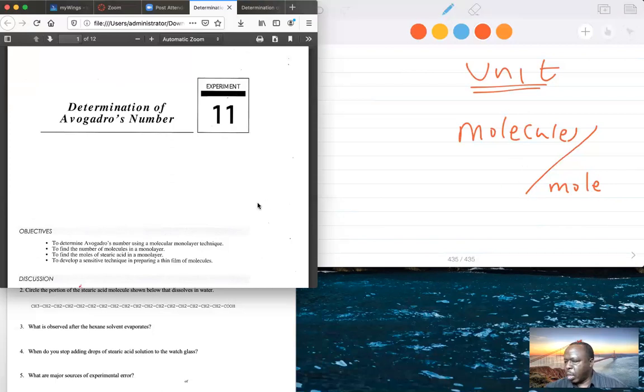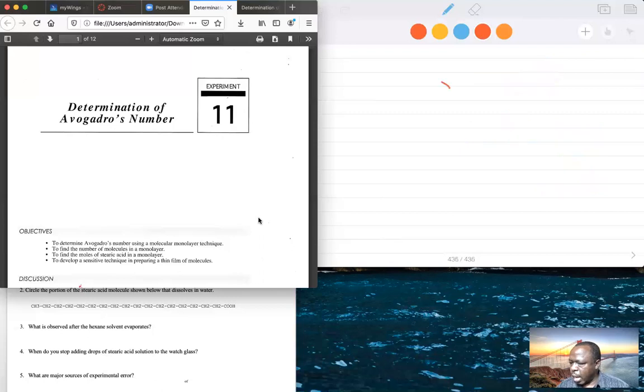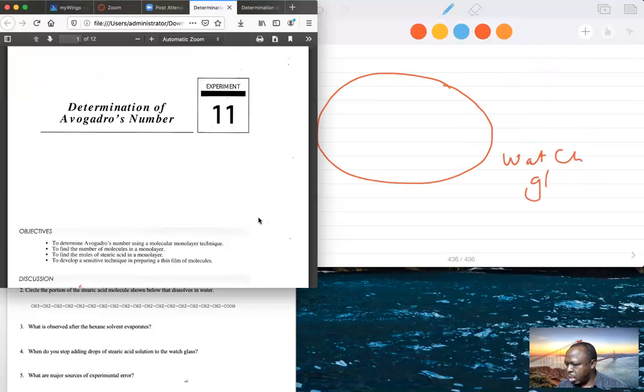Normally, we use a watch glass to determine a monolayer. A monolayer, from the word mono, means spreading out stearic acid. This is a watch glass. I'm holding a watch glass before me. Maybe some of you have seen it in a lab setup.